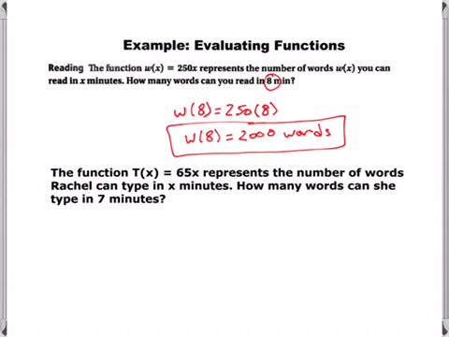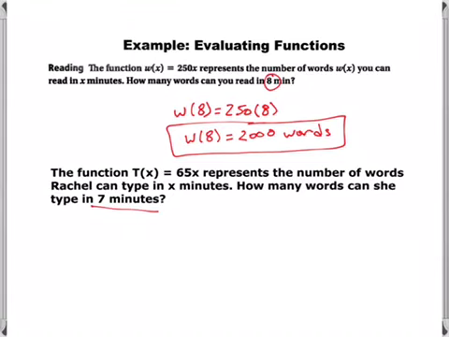The next one, the function t of x equals 65x represents the number of words Rachel can type in x minutes. How many words can she type in 7 minutes? All right, so we're going to evaluate for how many words Rachel can type in 7 minutes. In the previous problem, we figured out how many words you can read in 8 minutes. I said type, that was my mistake.